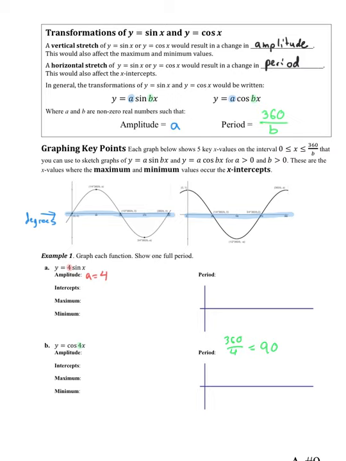Whenever we want to graph these functions, we're going to want to focus on 5 key points. All right, 5 key points. So I've just got a little graph here, and I'm going to put 4 tick marks along it, because the first one's going to be right at the intercept here.